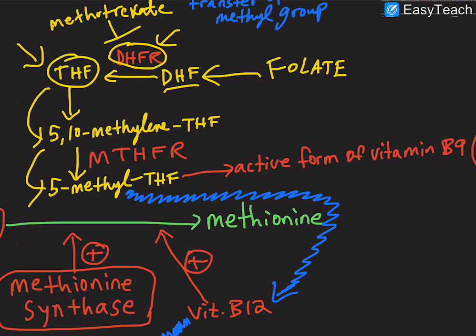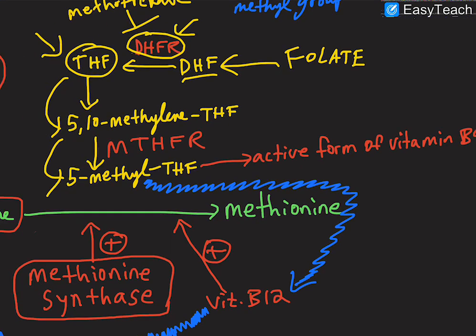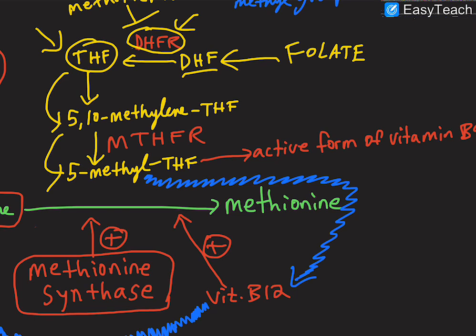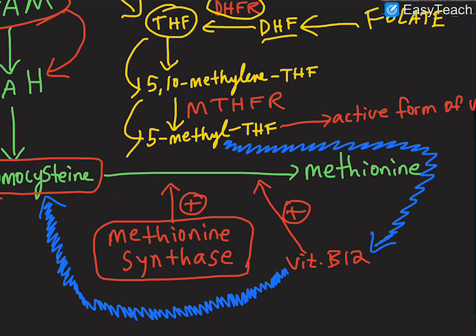Then from 5-methyl tetrahydrofolate, you can go ahead and methylate certain things. But we should know that 5-methyl tetrahydrofolate is the active form of vitamin B9, which is folate. Why is 5-methyl tetrahydrofolate important? Because it's going to give a methyl group to vitamin B12.